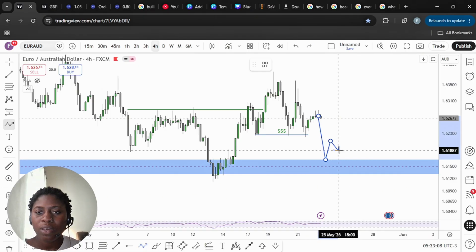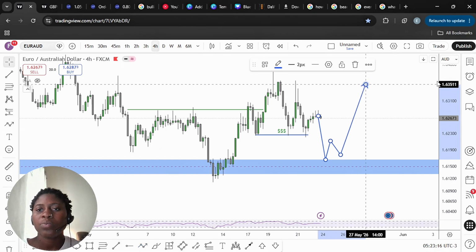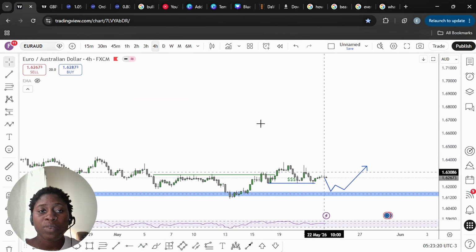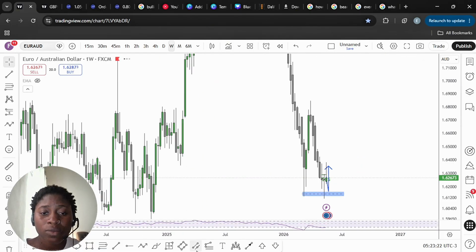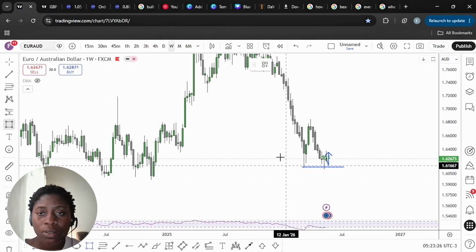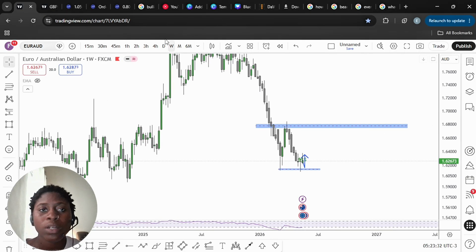You can take it from here or wait for it to pick up somewhere around here and put your stop loss here. Or you can expect the price to trade all the way to this next high here, right?